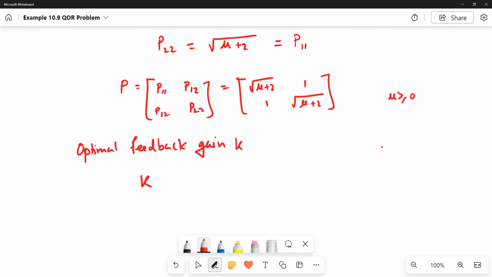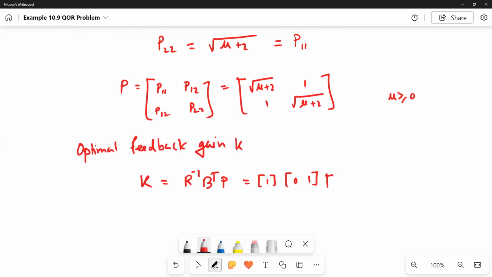So according to the formula, K is R inverse B transpose P. R is 1, nothing to worry about. B transpose is [0, 1].